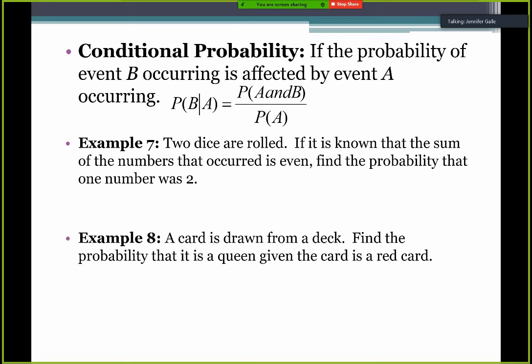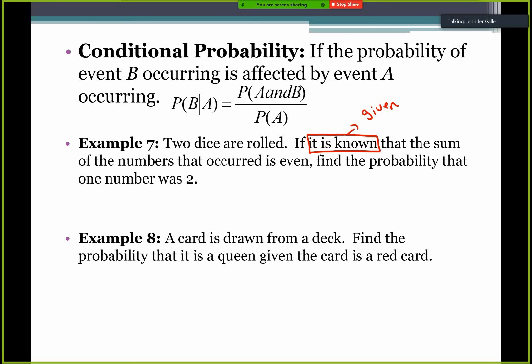So this is the situation where, for example, we have two dice being rolled. It is known that the sum of the two numbers that occurred was even. So it is known, maybe we say that it's given. We know that that thing, yes, it happened.